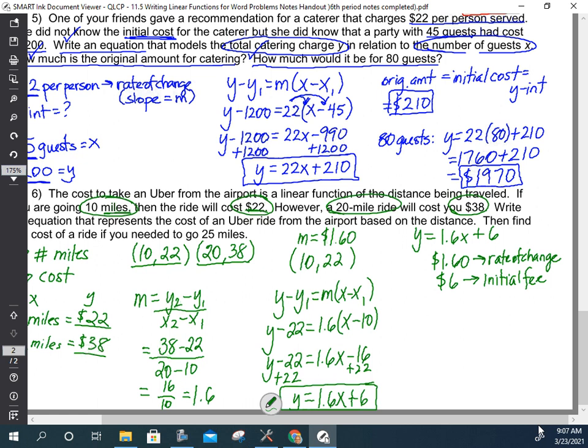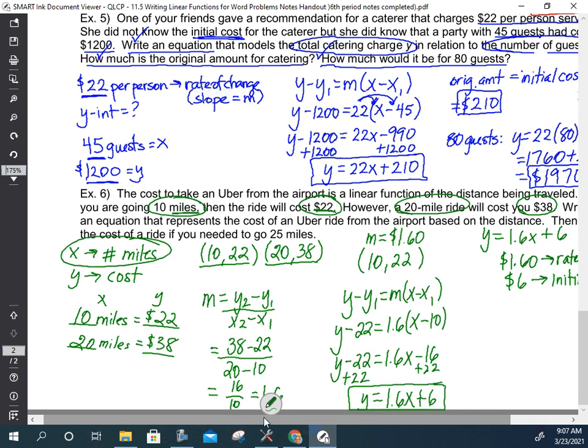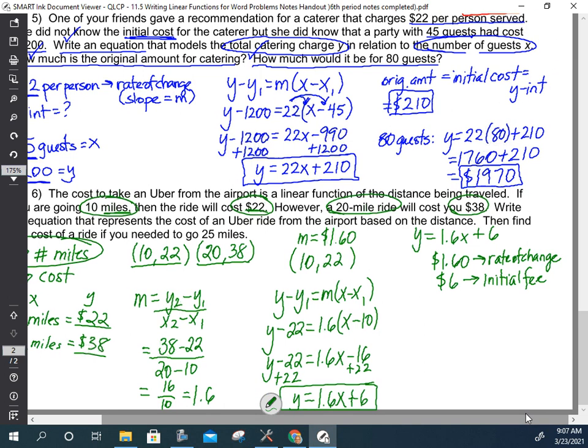So we have the equation. They ask you to find the cost of the ride if you need to go 25 miles. So number of miles, remember, is x. So that means for our equation, for 25 miles, that's y equals 1.6 times 25 plus 6.